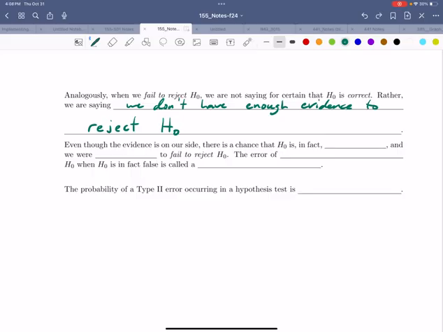Even though the evidence is on our side, sometimes it does happen that the null hypothesis is in fact false and we were incorrect to fail to reject. Oh, I'm saying false right here, so I'll call this false.